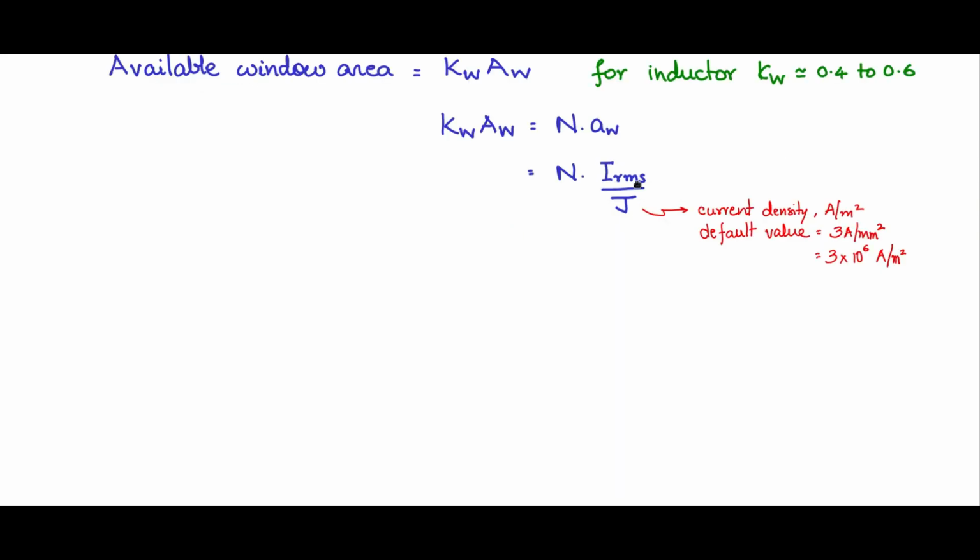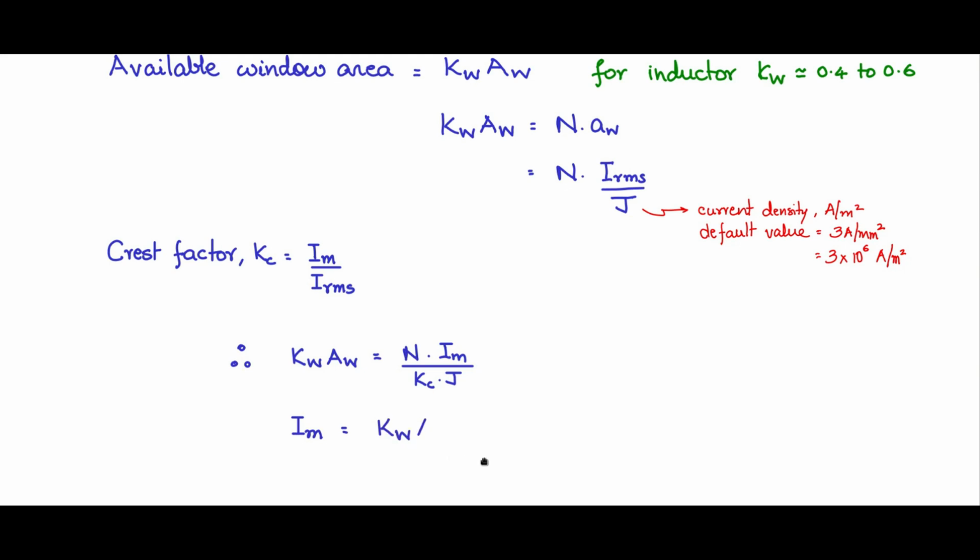Let me represent the RMS current here in terms of max current. So let me introduce the term crest factor. Crest factor is Kc, which is I max or I peak divided by I RMS. Using this relation, you have Kw Aw equals n times Im by Kc into J. Or Im can be written as Kw Aw Kc J divided by n, the number of turns.